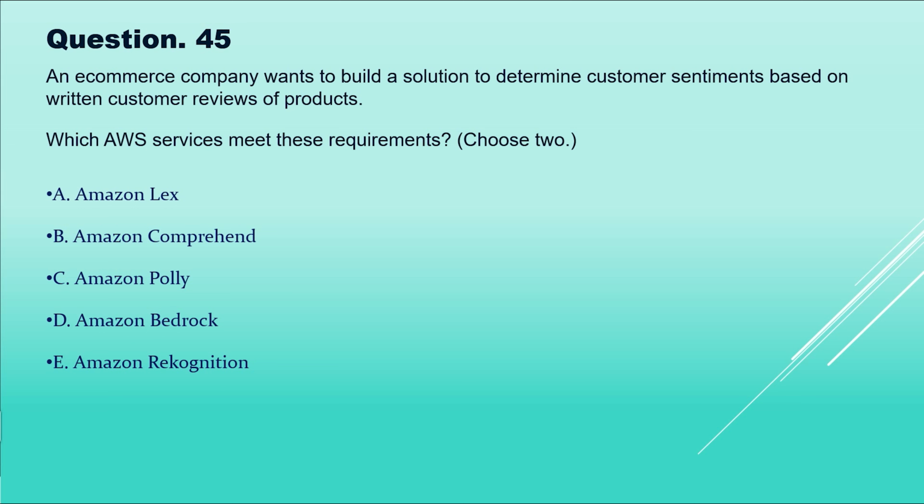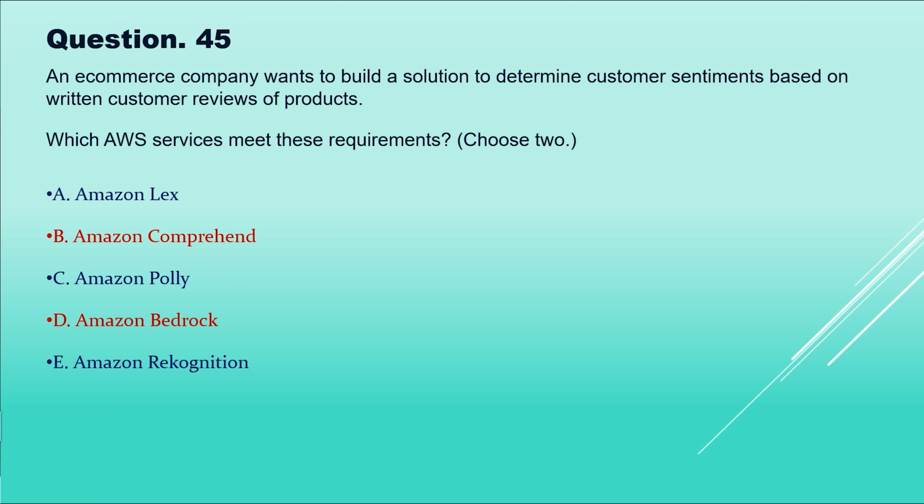And the correct answer here will be options B and D, Amazon Comprehend and Amazon Bedrock. Because Amazon Comprehend is a natural language processing service that uses machine learning to uncover insights and relationships in text. It offers sentiment analysis capabilities out of the box, which can directly determine the sentiment, positive, negative, neutral or mixed, expressed in customer reviews.